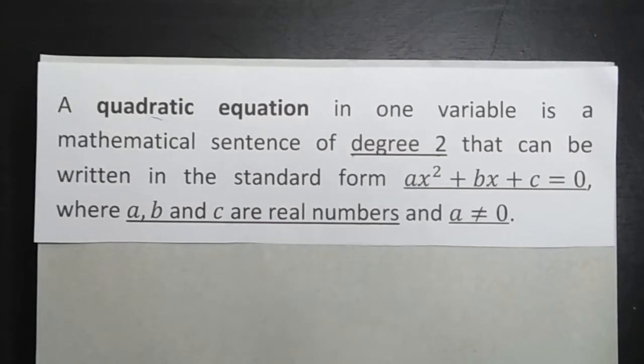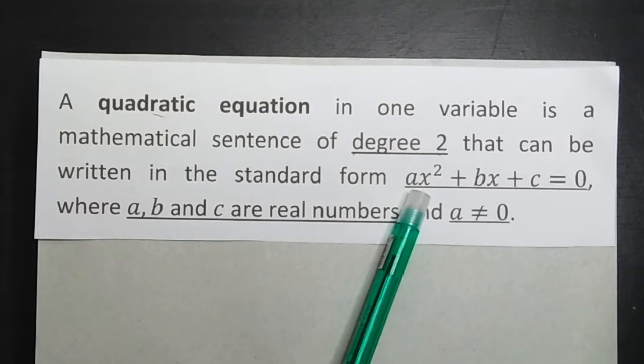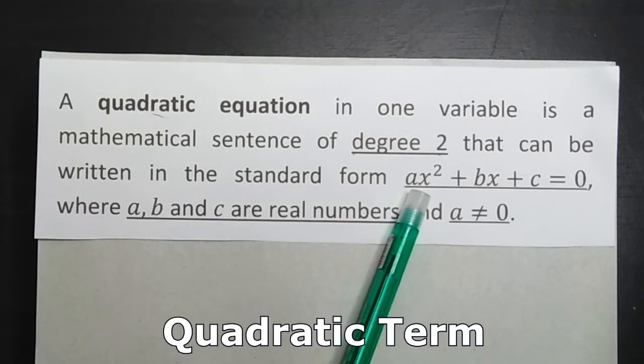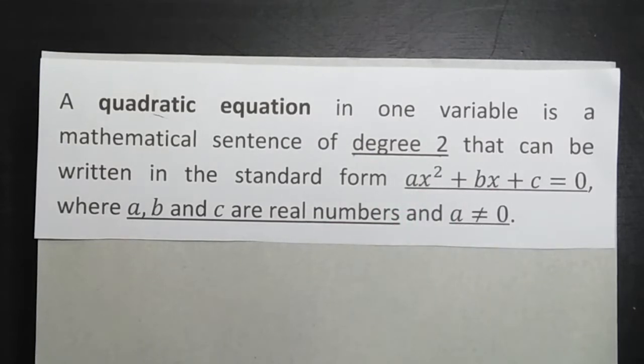Now, if we have a quadratic equation in standard form, we can see 3 terms. So, we have the first term, which is called our quadratic term because the variable has the second degree power.